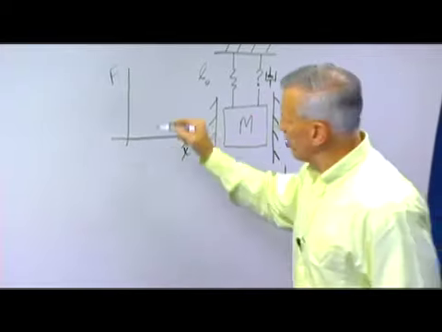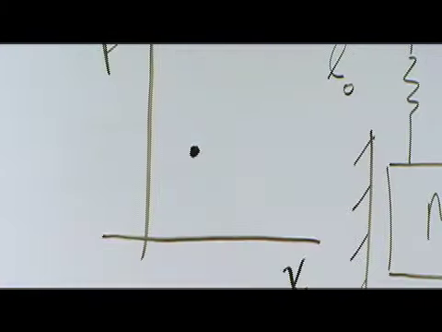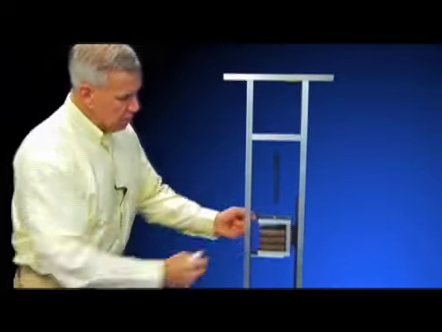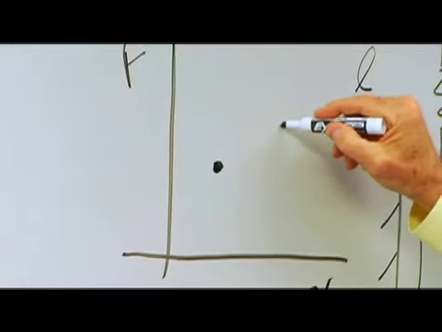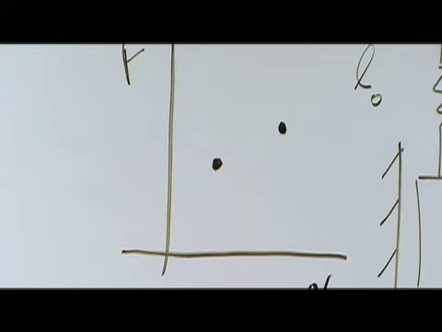I could plot that point. And maybe there it is. If I add another mass, the spring stretches a little more, the force is a little greater, and maybe I have another point. And I could do this over the range of motion that I'm interested in.